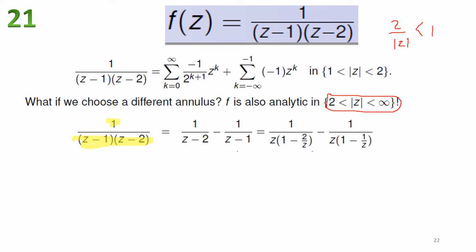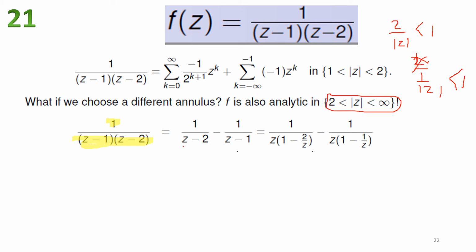And if we divide on both sides, we have 2 upon mod of z, I should write 1 upon mod of z less than 1 by 2. Less than 1 by 2, I can write less than 1. That is fairly okay, no problem. So this makes a perfect geometric series approximation.